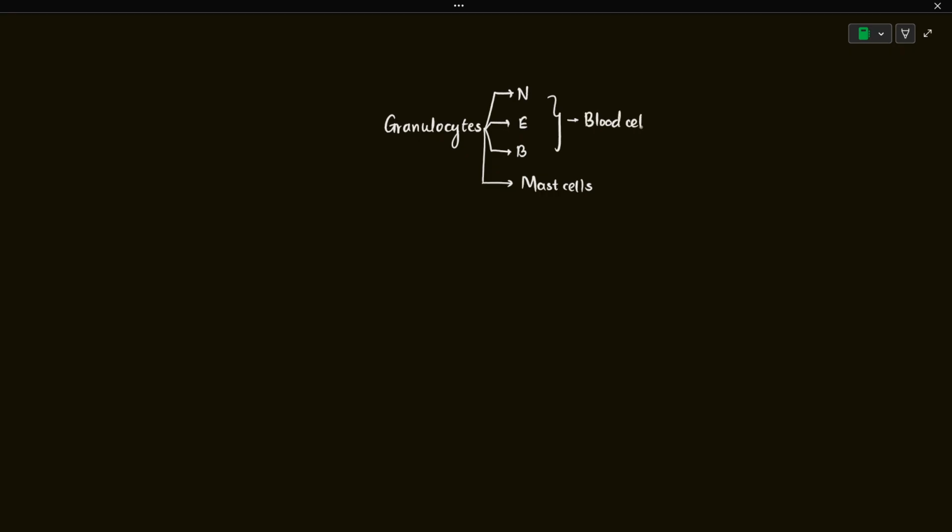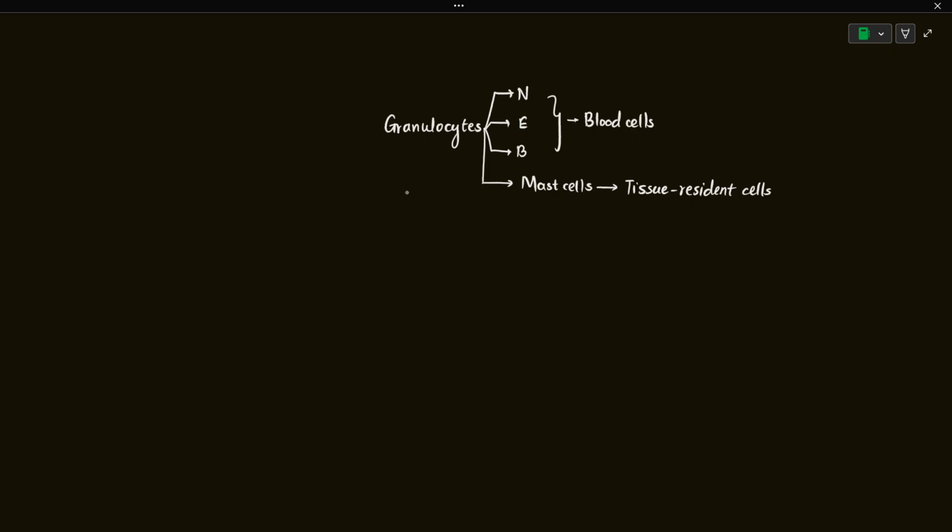So they are found in blood, while the mast cells are tissue resident cells. So they are found in tissues, and not in the blood. The mast cells are also of myeloid origin, just like the neutrophils, eosinophils, and basophils, and they also have cytoplasmic granules.